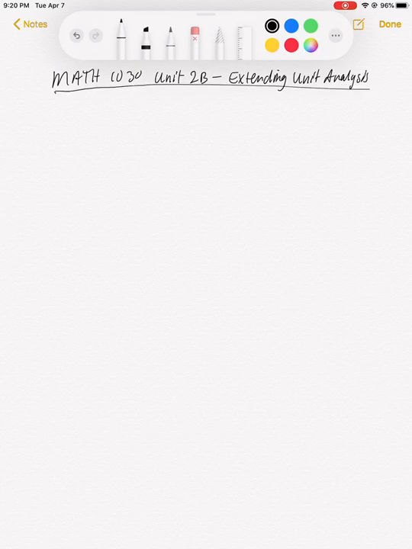We're extending our unit analysis from 2A, so we're just doing some more unit investigations and going into more detail. First we do an exponents review. In the homework and in the book they talk a little bit about this, but it's just a couple of basic rules. So we're going to start with number 1, some problems that practice the product rule for exponents.